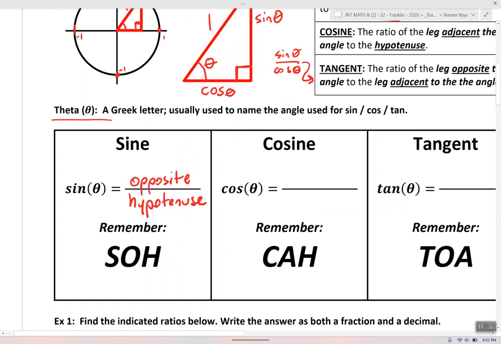And so you can remember that as SOH: sine, opposite, and hypotenuse. Okay, so that's how we get that ratio.